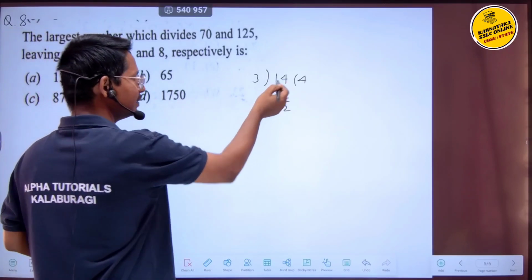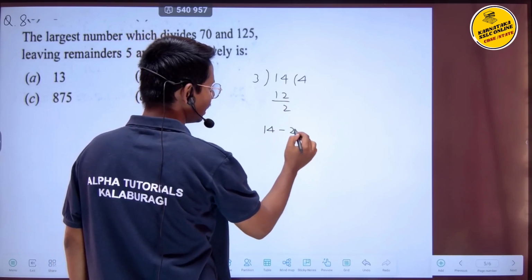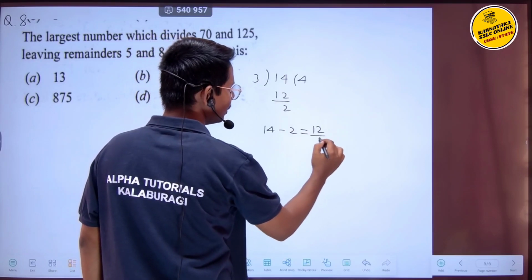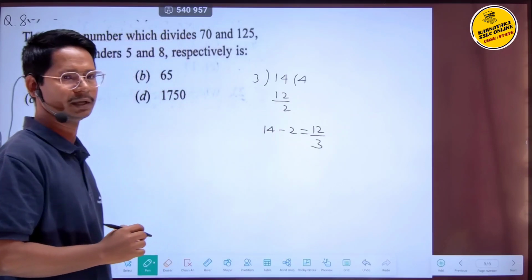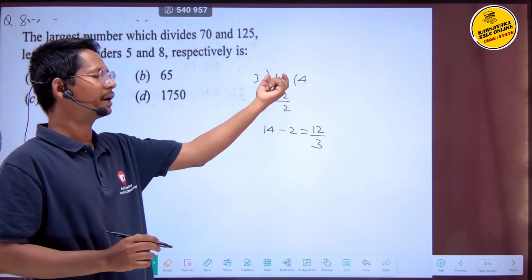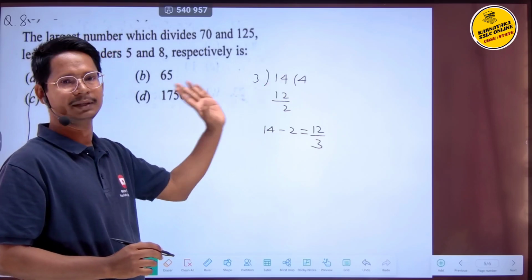If you subtract the remainder from the dividend, the new dividend should be divisible by 3. So the remainder should be subtracted from the dividend so that the number is divisible by the divisor.